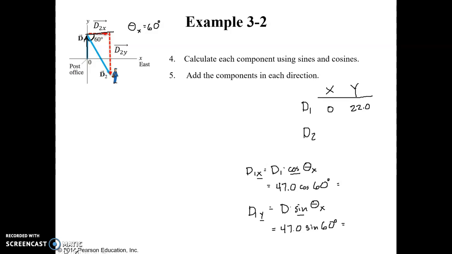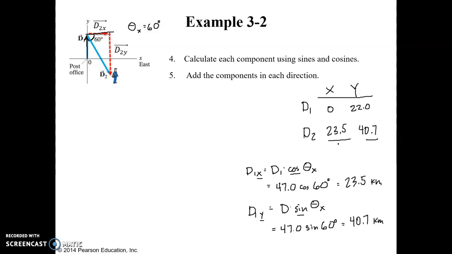And if I calculate these two values, they are 23.5 kilometers and 40.7 kilometers. So I've rounded that off to 3 significant figures, because the data that was given to me in the problem statement was 3 significant figures. So my x component is 23.5, and my y component is 40.7.